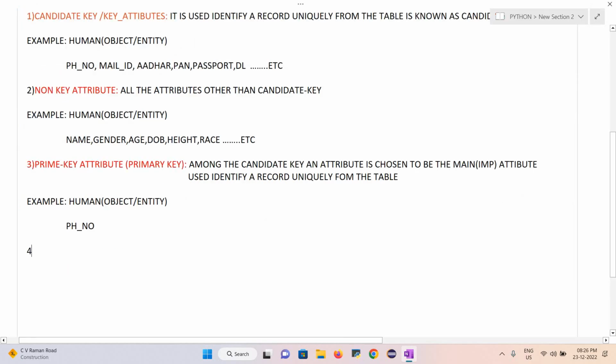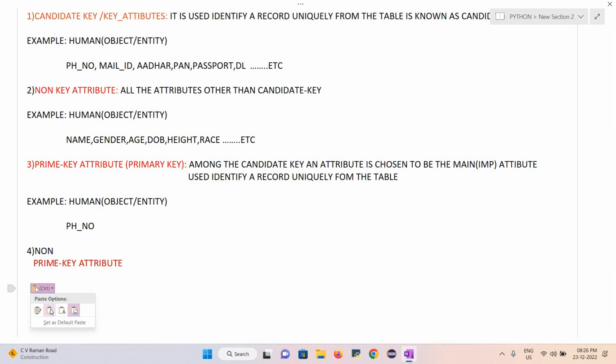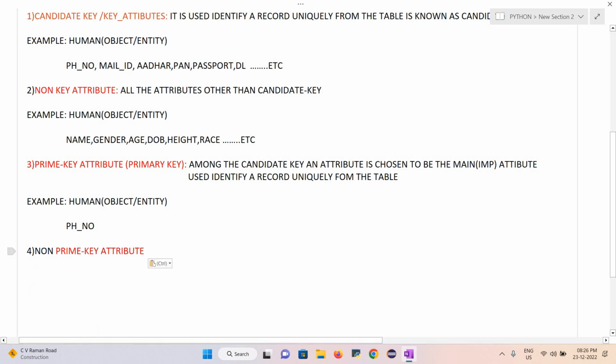The next one is the fourth. Fourth is non-prime key attribute. I'll just copy this and type it as non-prime key attribute. What does it mean? It just means it is not a primary key, that's it.